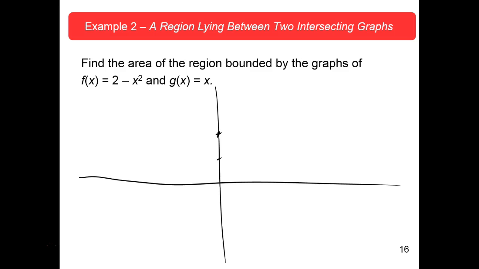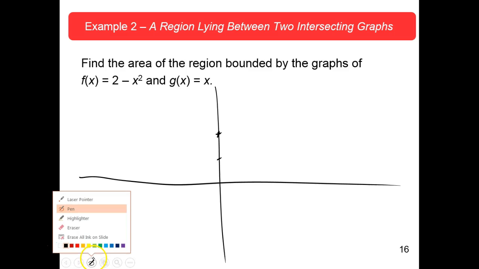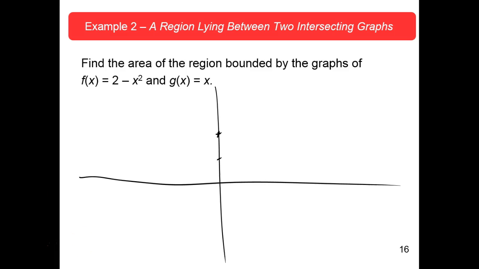Now, I don't usually do it this way, but give me a color for g. I want to do it in a different color. Pick a color, any color, not black. Red. Okay. Bright fire engine red. When x is equal to 0, g is also 0. So it looks like to me that g is going to be the lower function.